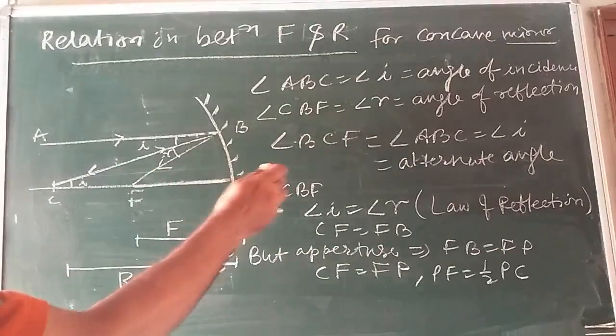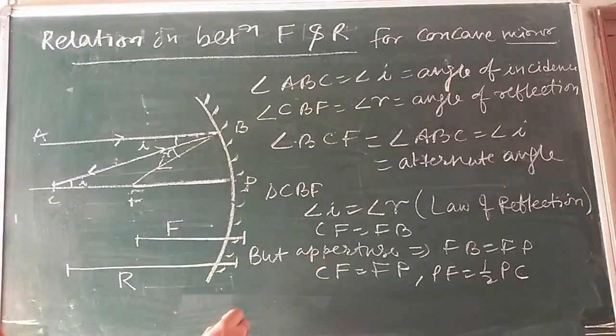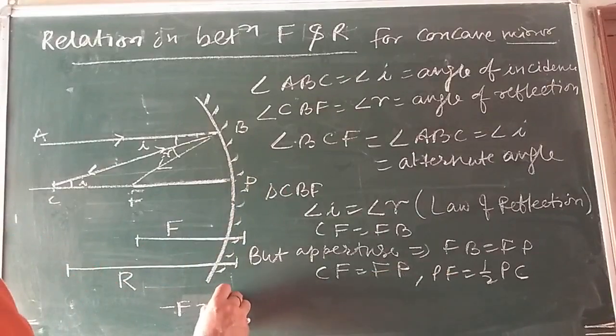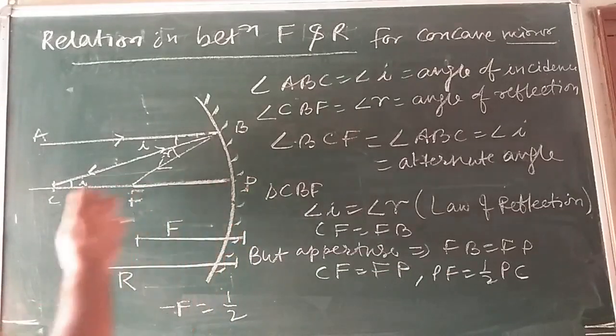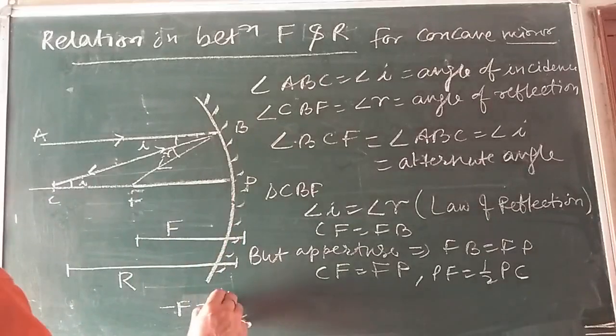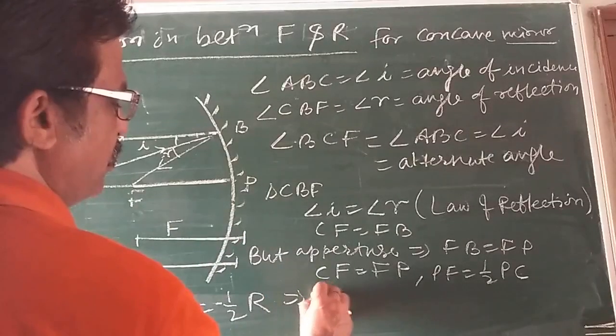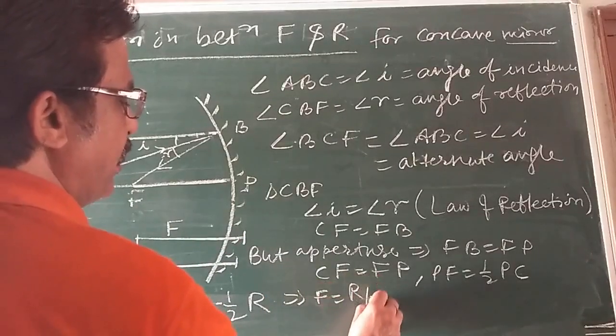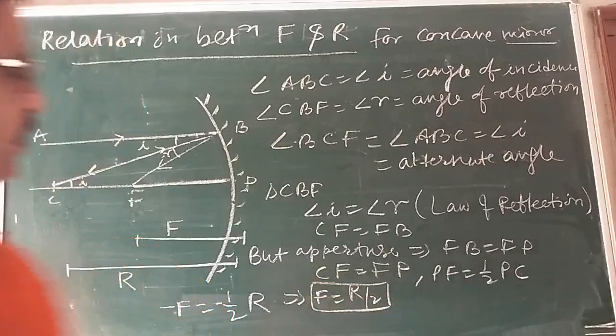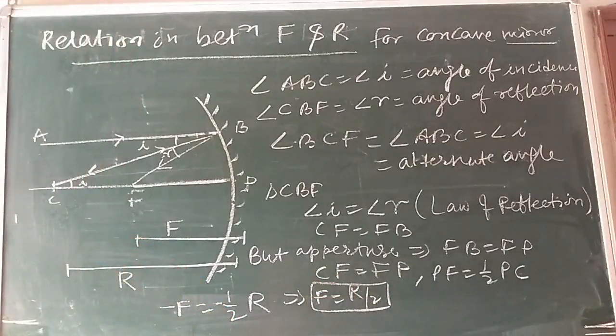We are measuring the distance in the opposite direction. So PF comes out to be minus F. 1 by 2 PC, that is radius of curvature, that is also minus. So here both minus sign will cancel out. The result comes out here, F is equal to R by 2.